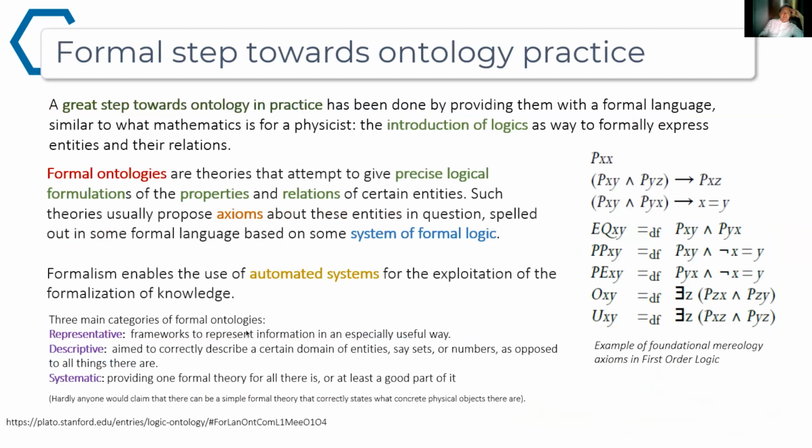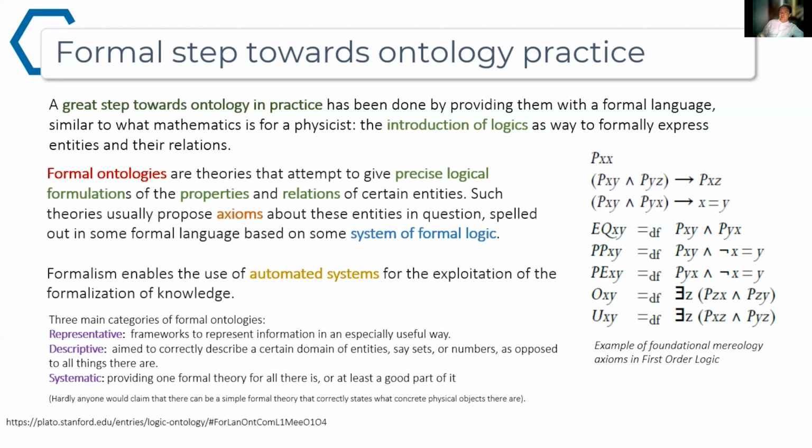So given that, in the last century, several philosophers started to analyze the possibility of using the language of logic. For example, you can see a theory expressed in first order logic to express ontological truth.